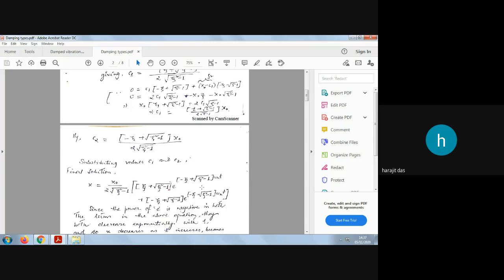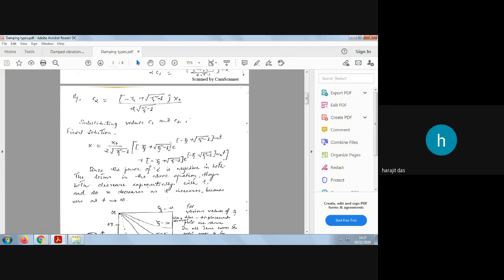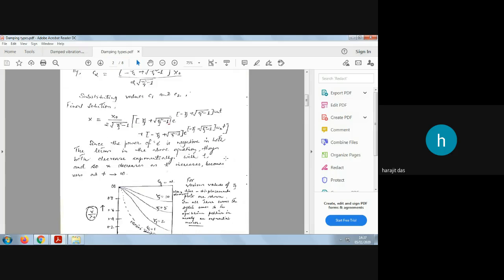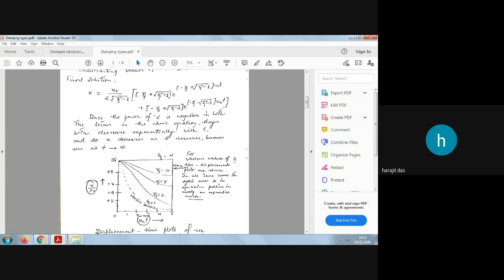And if you just plot the value of x by x naught, so if you make it a dimensionless equation, x by x naught, and plot it with respect to omega and t with different values of zeta, you will get this kind of curve. So x by x naught, what is its maximum value?